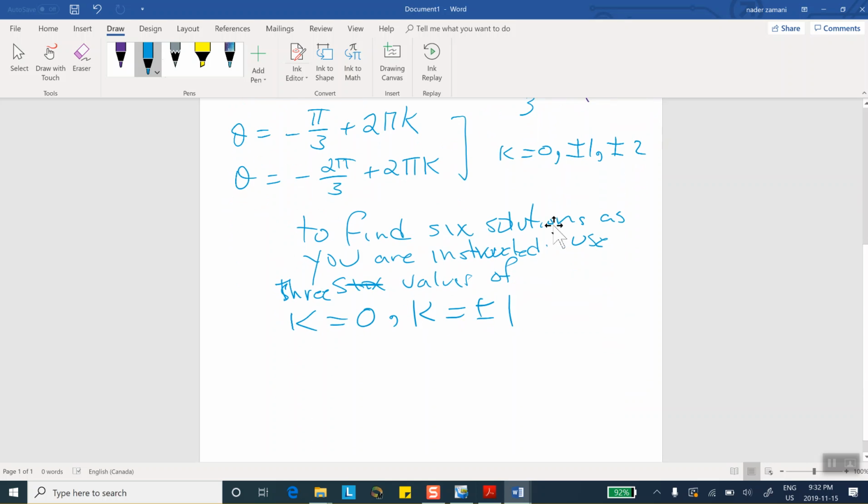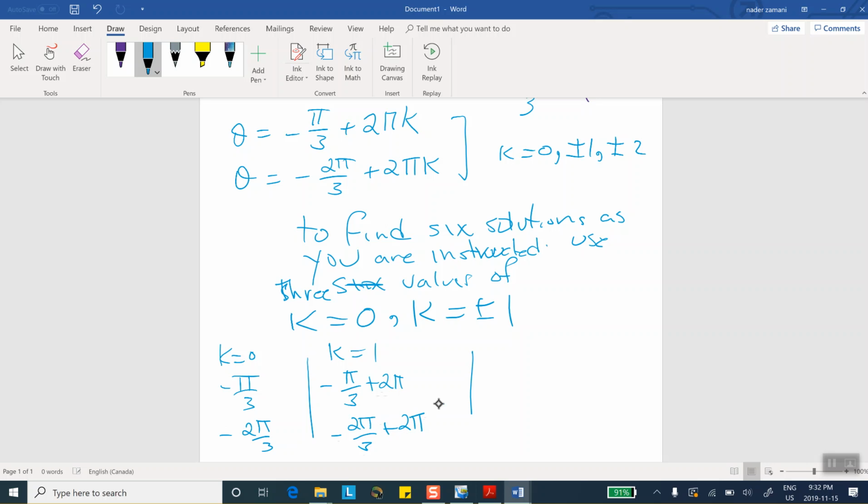So I said I was not going to do that, but what the heck, let's try it. k equal to 0: of course, you get your original angles, minus pi over 3 and minus 2 pi over 3. k equal to 1: you get minus pi over 3 plus 2 pi, and minus 2 pi over 3 plus 2 pi. And k equal to minus 1: minus pi over 3 minus 2 pi, and minus 2 pi over 3 minus 2 pi.